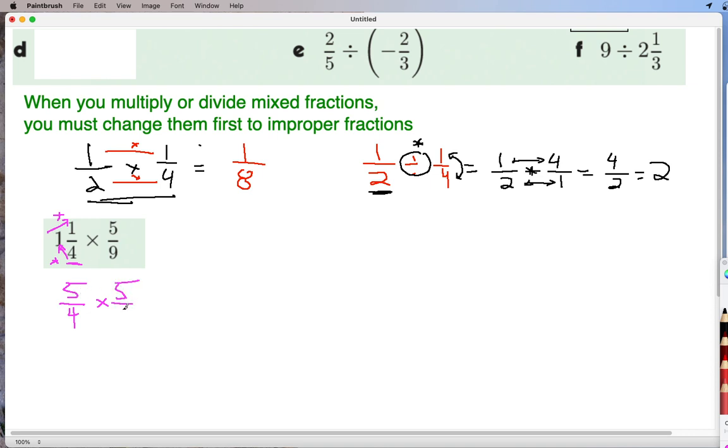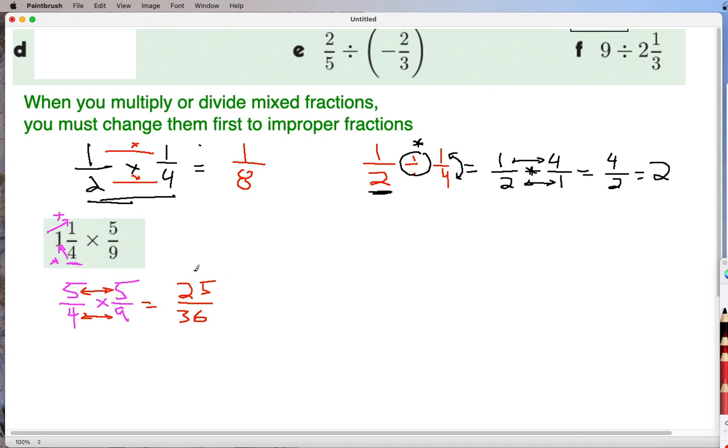I'm going to rewrite this one here, which is 5/9. And now it's very simple. We're just going to multiply the numerators together, and we're going to multiply the denominators together. So 5 times 5 is 25, and 9 times 4 is 36.